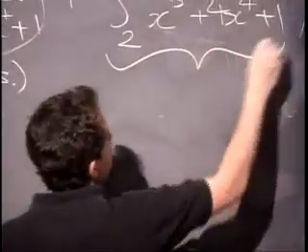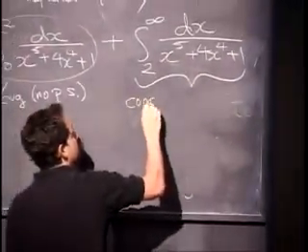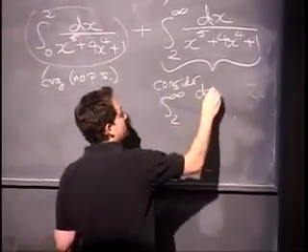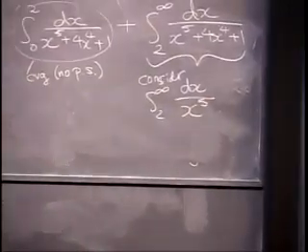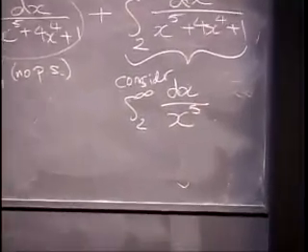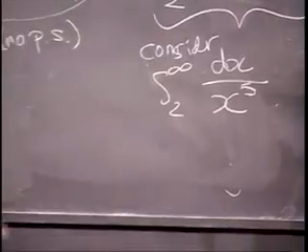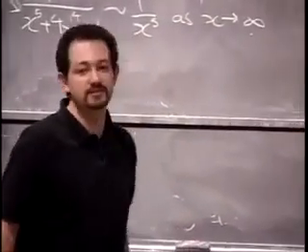Now, here I'm going to say, consider the integral from 2 to infinity of dx over x to the 5. And now, unlike our first feeble attempt, we've got the function right. This is the only problem spot, infinity. So does it converge or diverge?